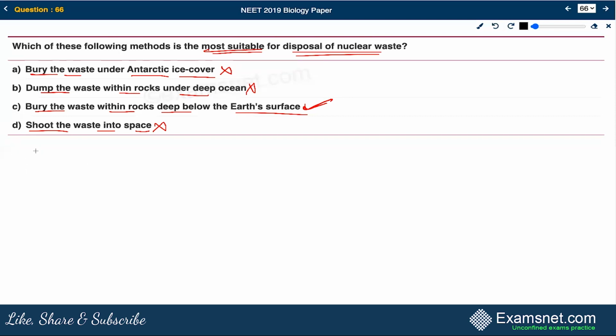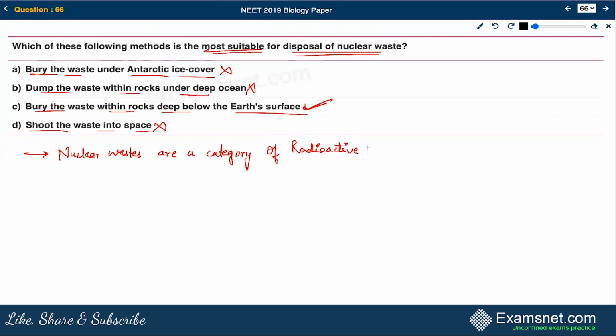All right, so you can say that nuclear waste is a category of radioactive waste.